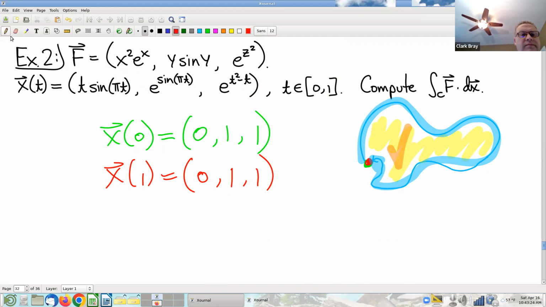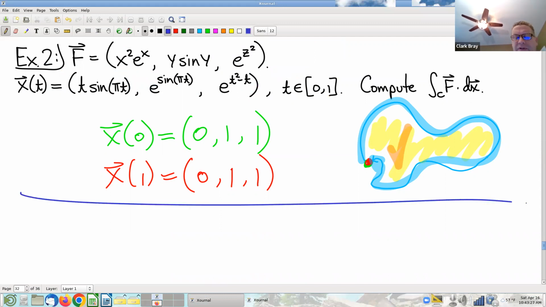And here we go. Having observed all that we did above, I'm going to show you the fundamental theorem of line integrals argument first.